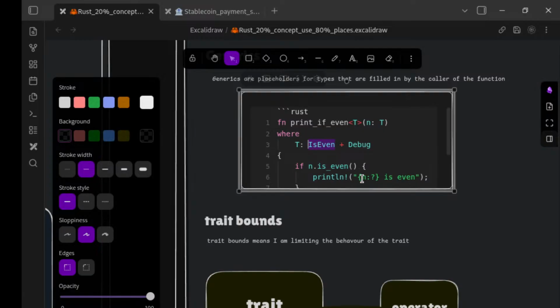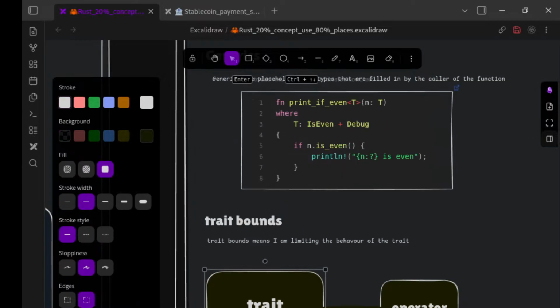So if we use Debug in our program, then we have to use a Debug trait bound, right? A Debug trait, right?